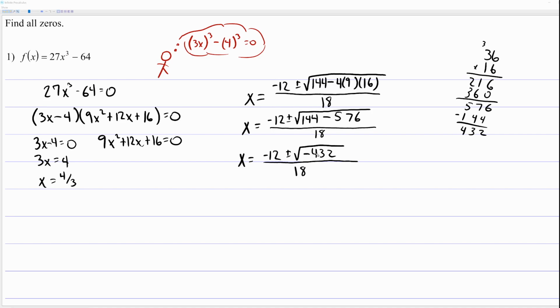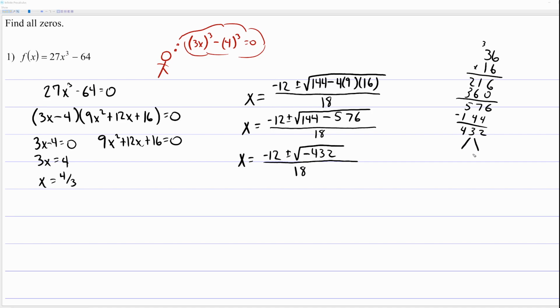Okay, so we need to simplify this square root. So that means we're going to need to factor 432. Now, a nice factoring trick, if you don't remember it: if the sum of the digits of a number is divisible by 3, the number is divisible by 3. So 4, 3, 2 adds to 9. That's divisible by 3. So 432 is divisible by 3. But the same trick also works for 9. If the sum of the digits is divisible by 9, the number is divisible by 9.